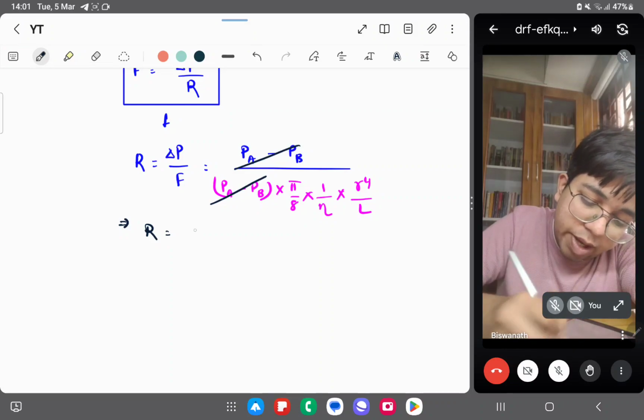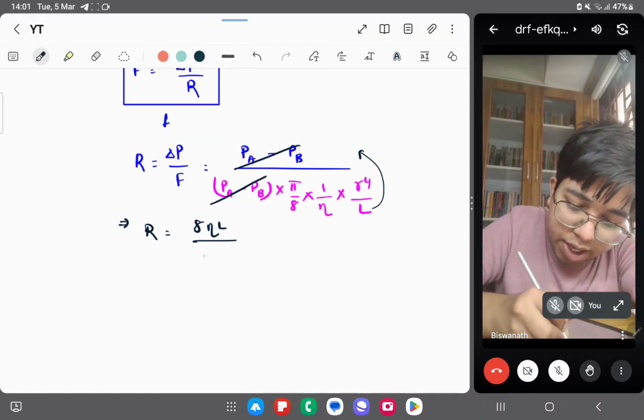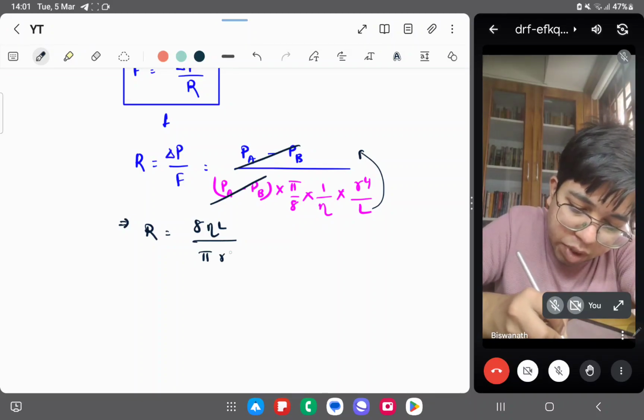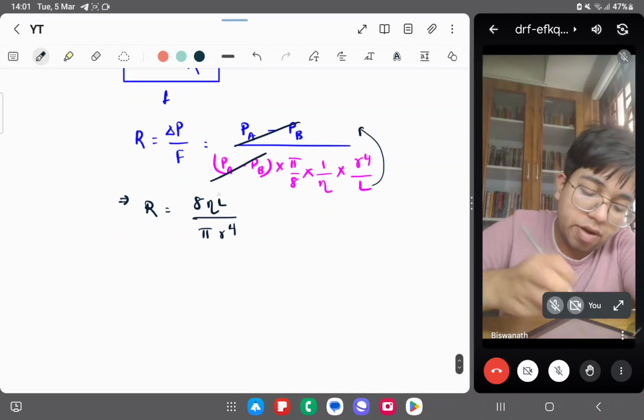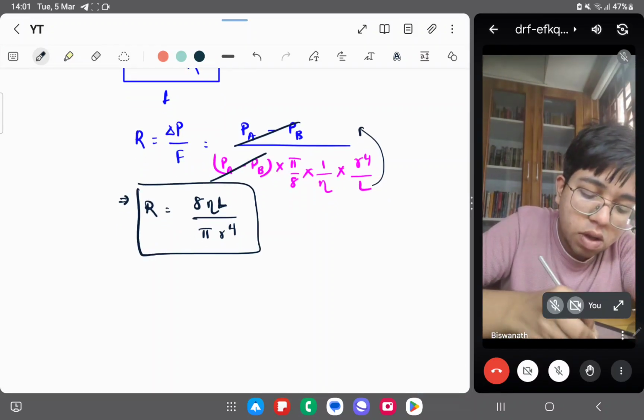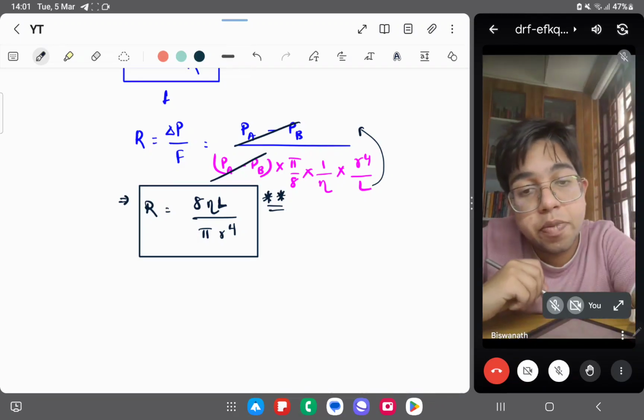This R will be 8 nu L by pi R to the power 4. This is the formula.